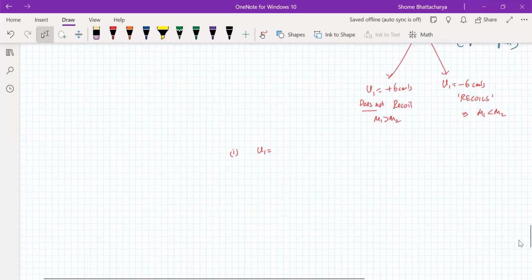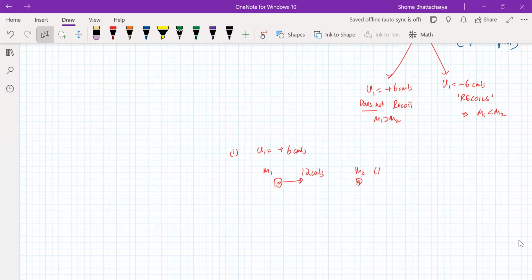So let's look at each of these cases. If our V1 is plus 6 centimeters per second, you can see that before impact, this was coming at 12 centimeters per second. Okay, so the approach velocity was 12 centimeters per second.